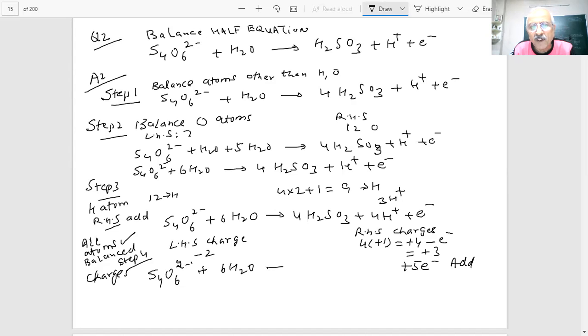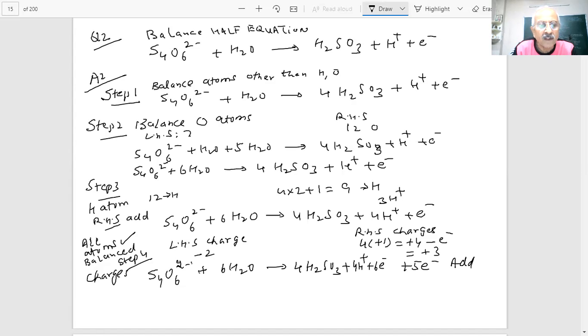What is the final equation? 4H2SO3 plus how many H plus? 4H plus. And how many electrons? Plus 6 electrons. Now everything balanced on both sides.